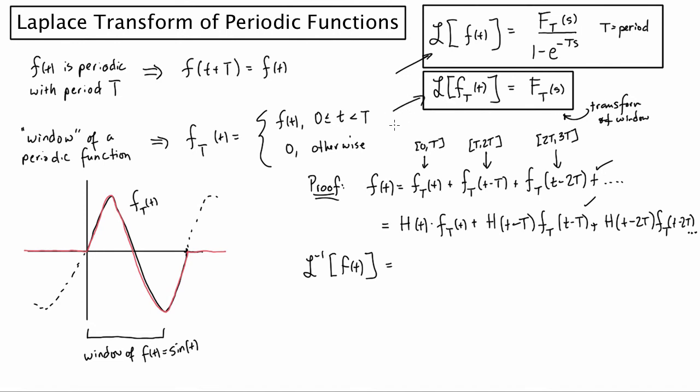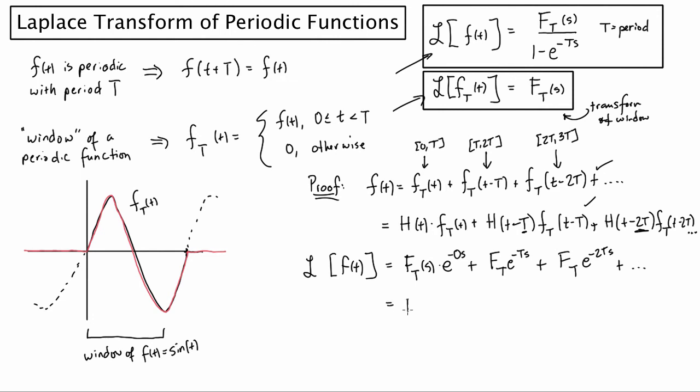If I take the transform of the window, it's just f of t times e to the minus 0s, plus here this is f of t as well, but here the shift is T, so it's e to the minus Ts, since that's the way we wrote the formula, plus another window, and we have a shift of 2T for this one, so it would be e to the minus 2Ts, and so on.